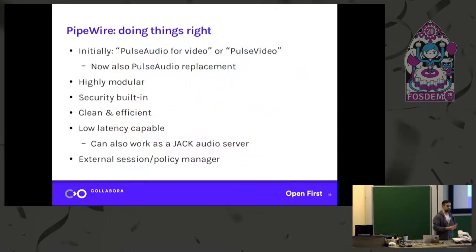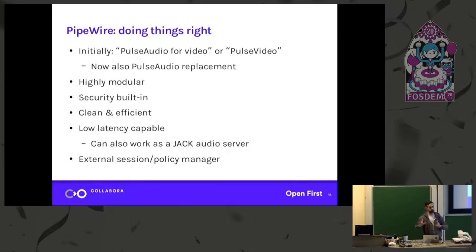PipeWire actually started from providing Pulse Audio for video. It was initially called Pulse Video. So it can handle video data very well. That's its original purpose. Nowadays, it also implements routing audio data, and it's evolving to become a Pulse Audio replacement. It is modular, so you can customize it a lot. It has built-in security, something that Pulse Audio didn't have.